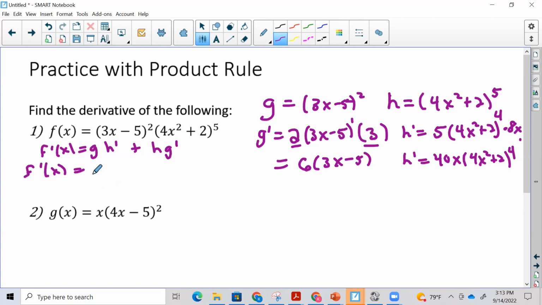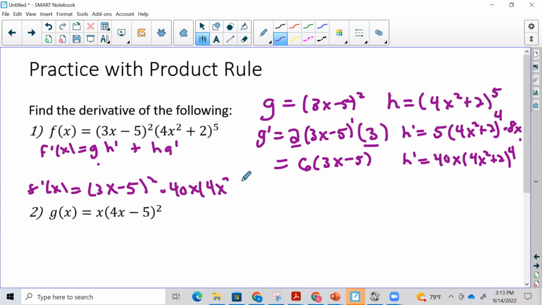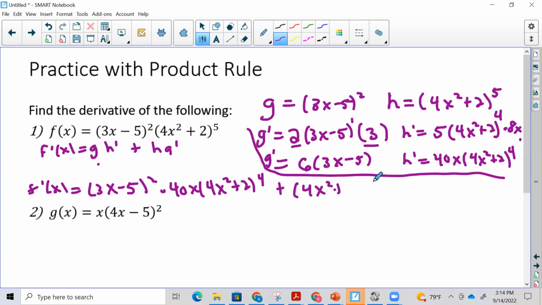So I would get g, which is 3x minus 5 squared, times the h prime, which is 40x times 4x squared plus 2 to the 4th, plus, and then we do h times g prime. So we have 4x squared plus 2 to the 5th times this here, which is 3x minus 5.